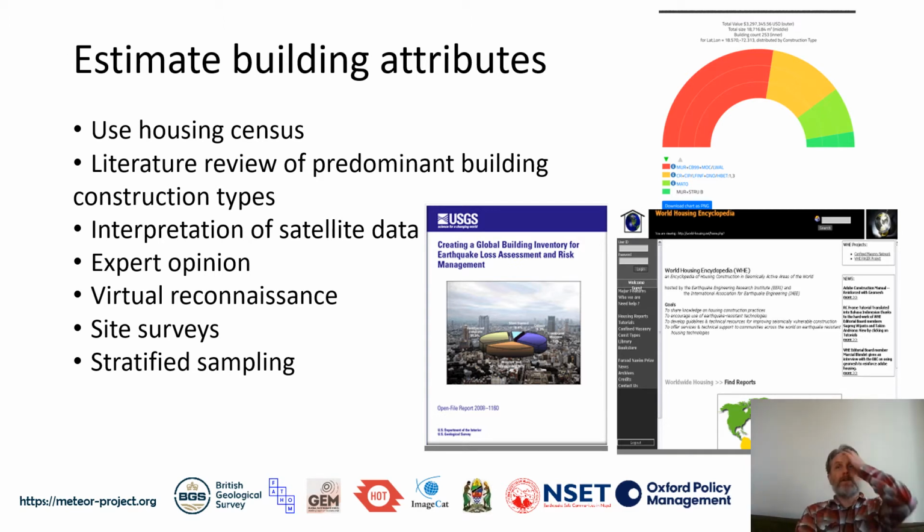For level 3, you want to get much more accurate data. It might do a full literature review on each country to look at the predominant building construction types, a much more detailed interpretation of satellite data where you might manually extract certain areas like downtown business cores or military areas, soliciting expert opinion.